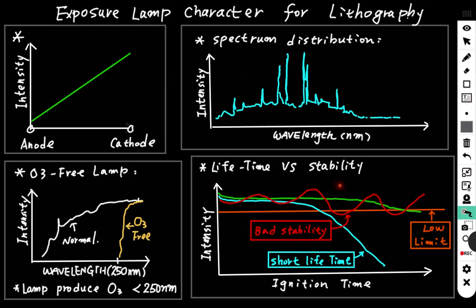This green line is the standard curve we need, and the blue line starts to be used and, following the ignition time, it suddenly falls down below the low limit of intensity, so we have to renew the lamp this time.